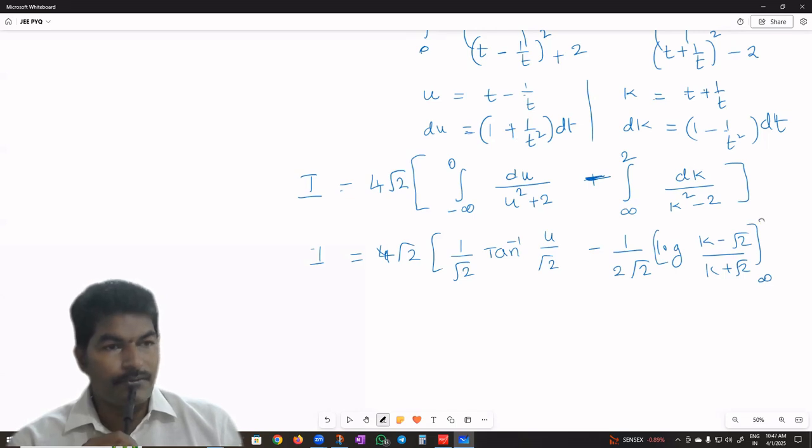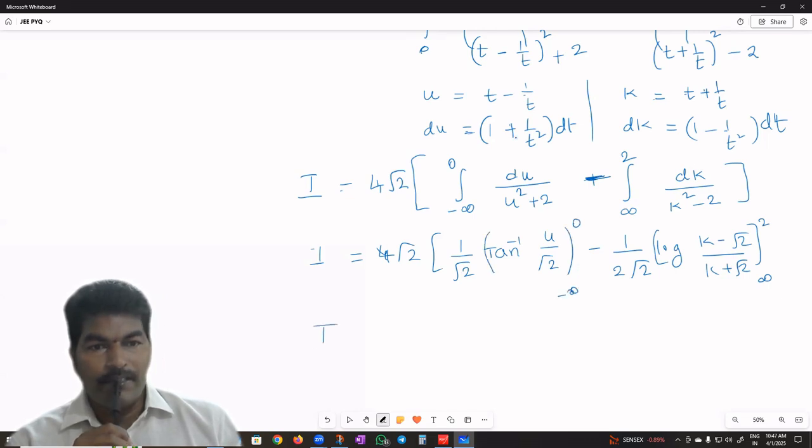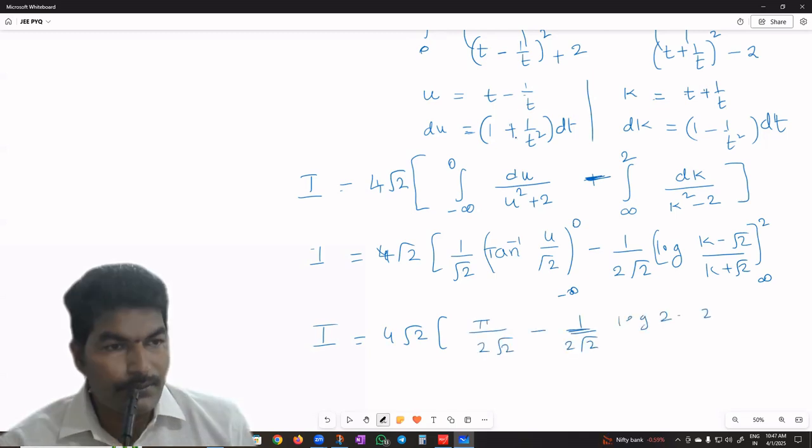So infinity to 2 and this one minus infinity to 0. If you apply the limits, this value will be pi by 2 root 2, 2 minus root 2 divided by 2 plus root 2. That infinity case we are leaving.